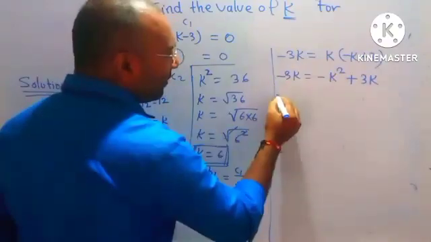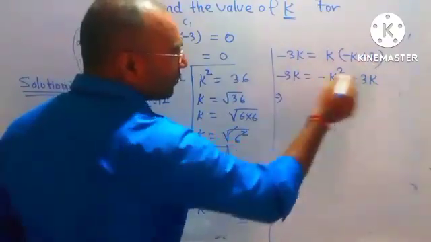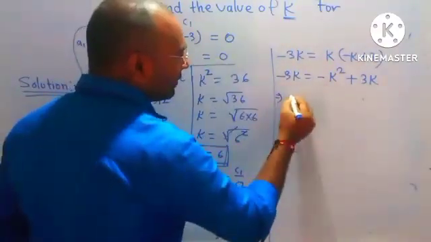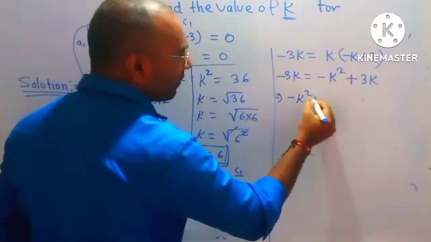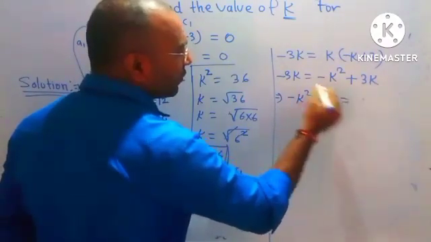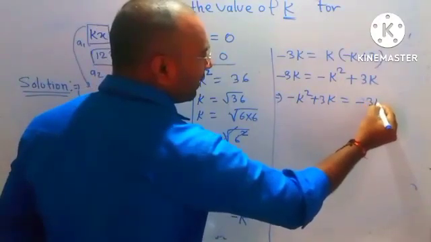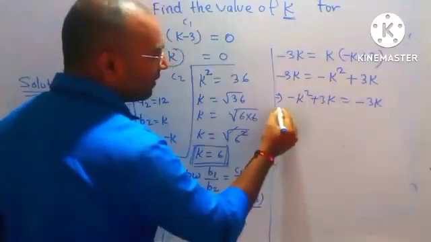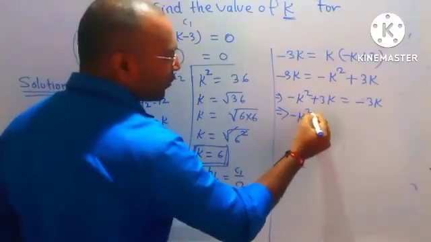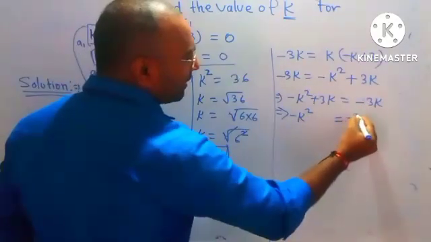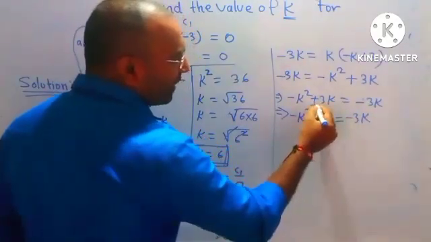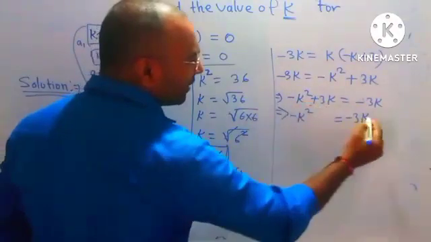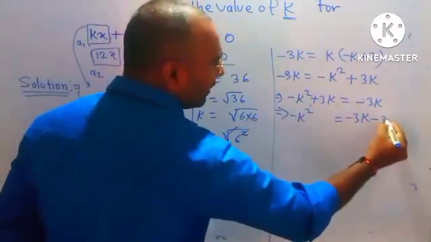Now k square will be on one side and this one will be transposed to the right hand side. Change the side first: minus k square plus 3k is equal to minus 3k. This step is clear. Next step, minus k square is equal to minus 3k, and this one is plus, so after transposing, plus will get converted into minus 3k.